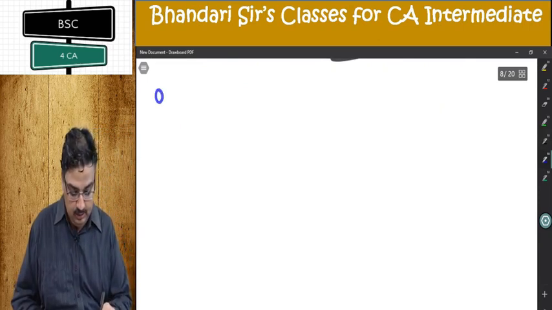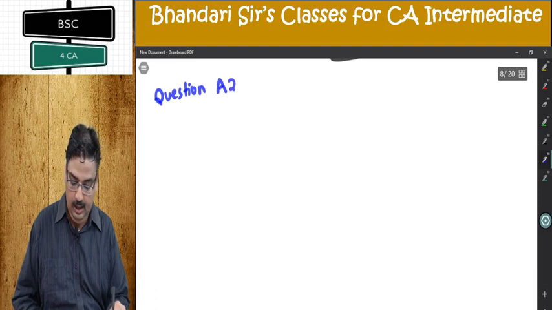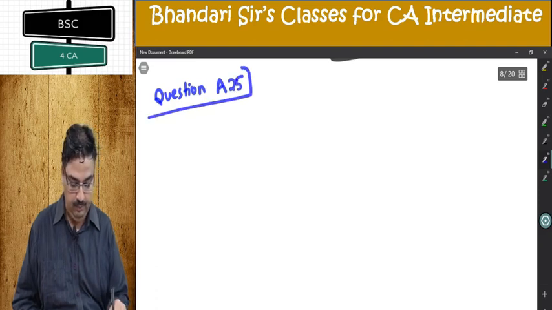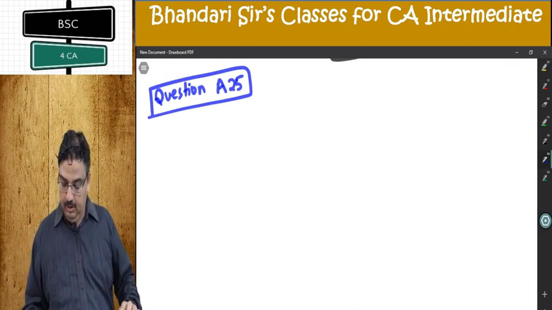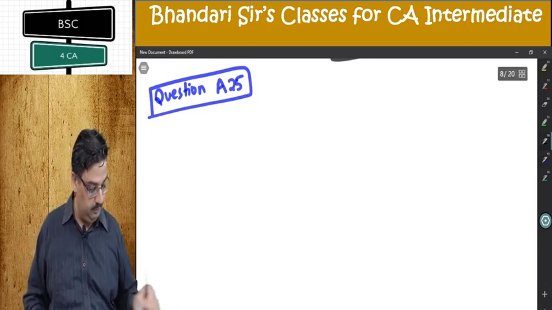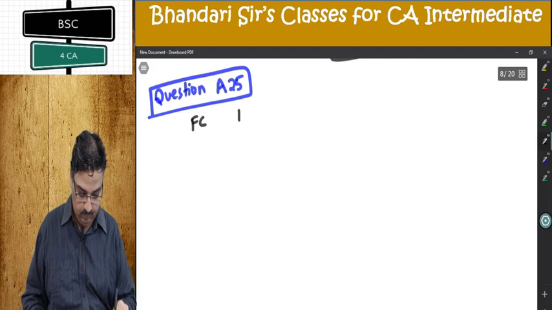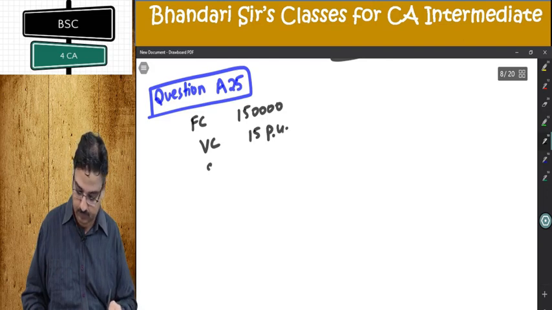Next one is question A25. It gives me fixed cost, variable cost, selling price.